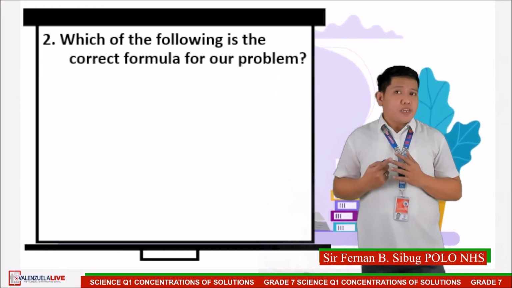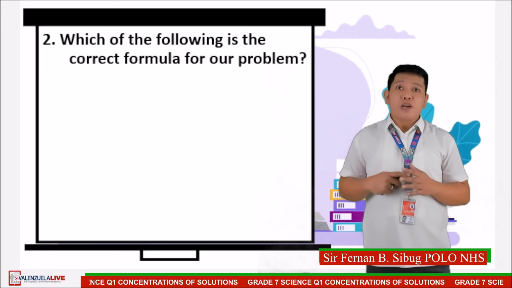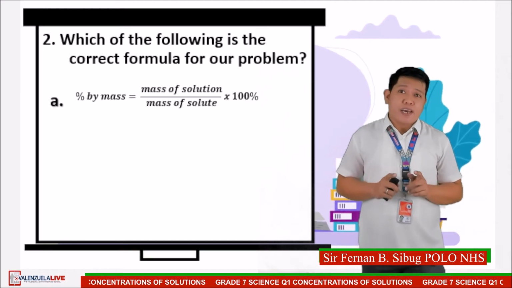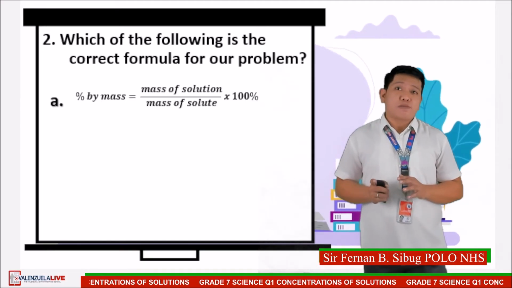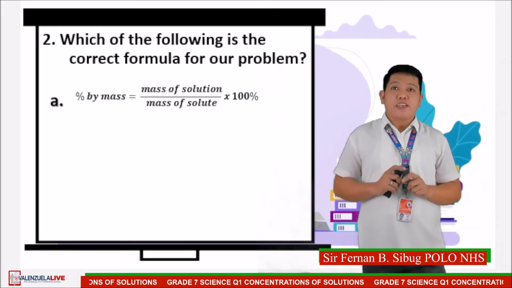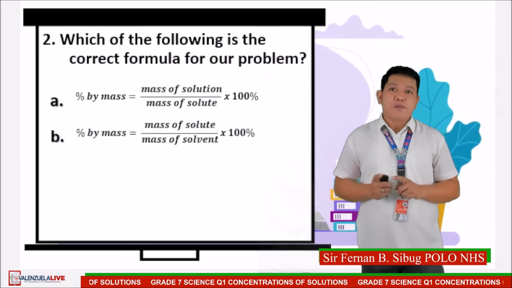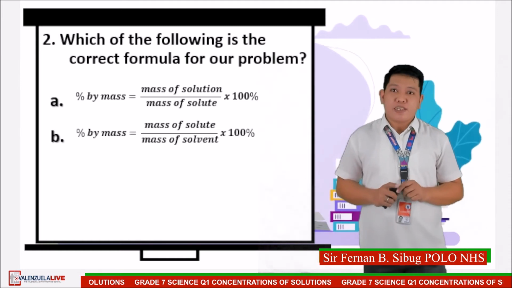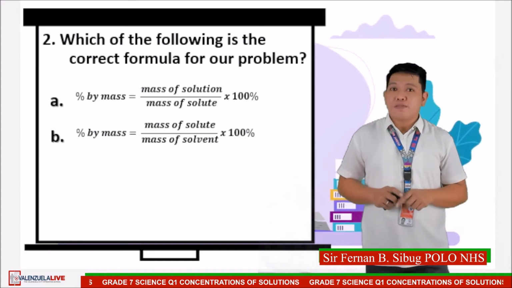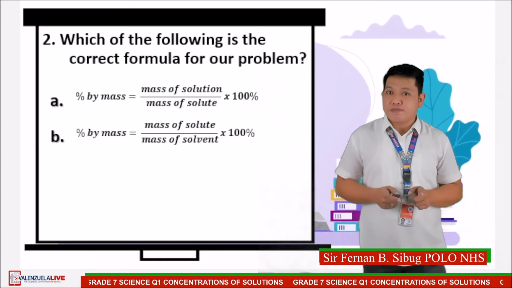Which of the following is the correct formula for our problem? A. Percent by mass is equal to the mass of solution over the mass of solute multiplied by 100%. B. Percent by mass is equal to the mass of solute over the mass of solvent multiplied by 100%.